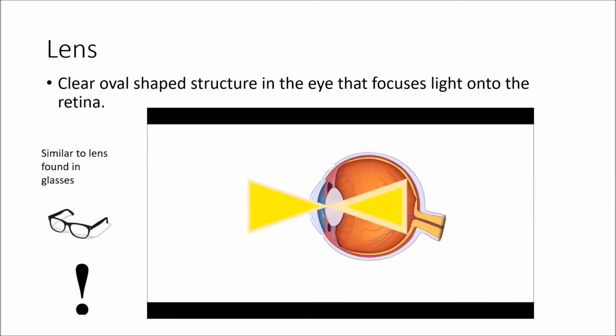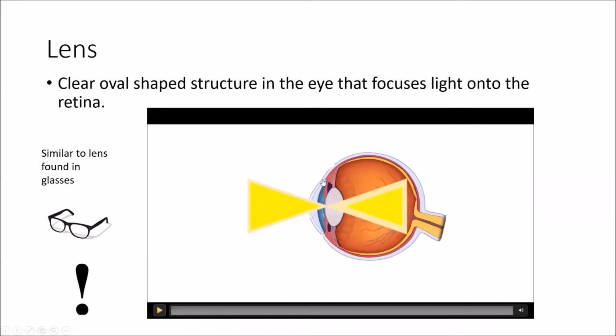But like I said, we'll talk more about that later on. Right now, we're just focusing on the lens. This is the lens right here, and its job is to focus the light that's coming into the eye onto the back of the eye, which you call the retina.